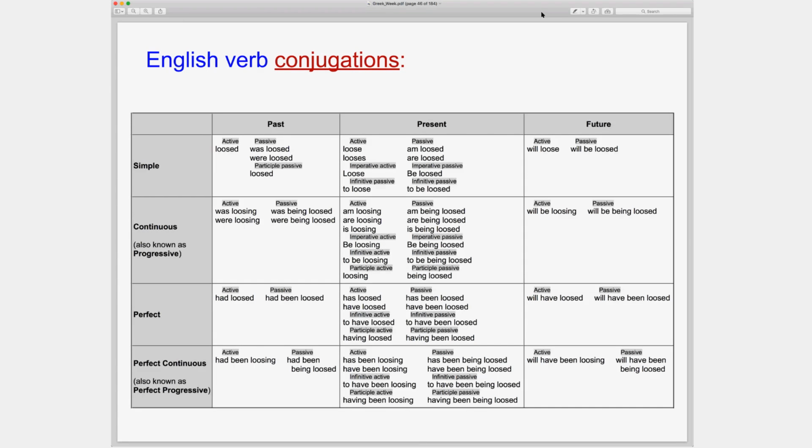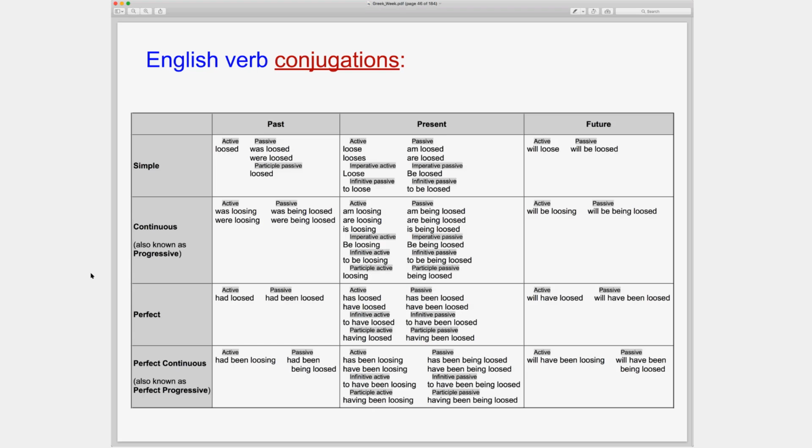And then with that, we have the English verb conjugations again. The verb conjugations I've illustrated again with a grid of 3 by 4. There's past, present, and future on the columns, and then the rows are simple, continuous, perfect, and perfect continuous.